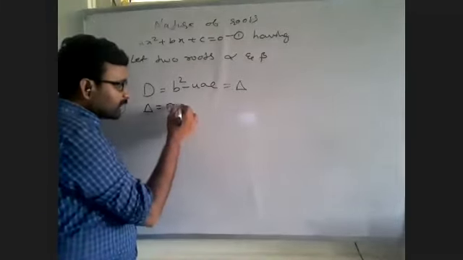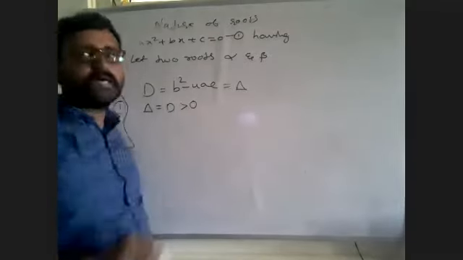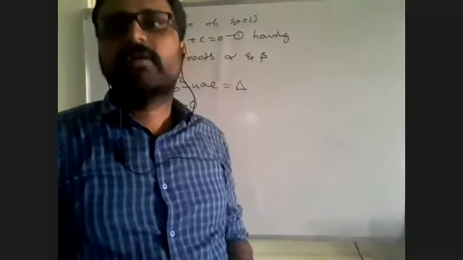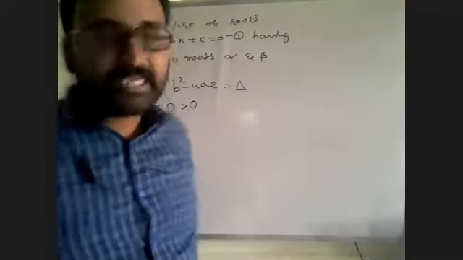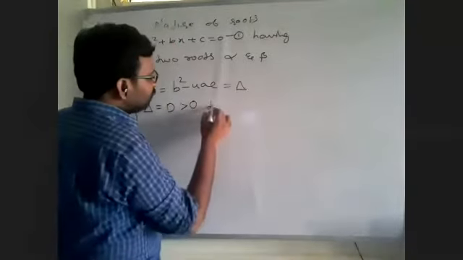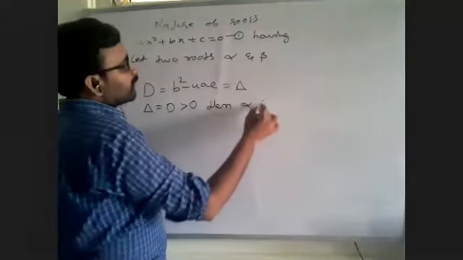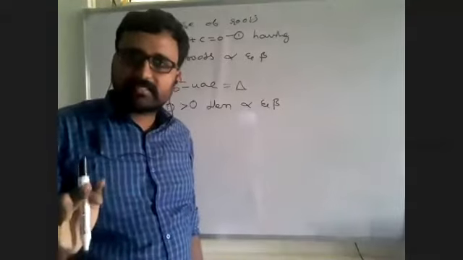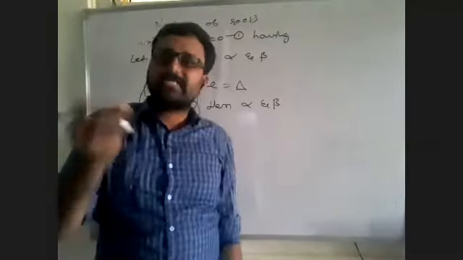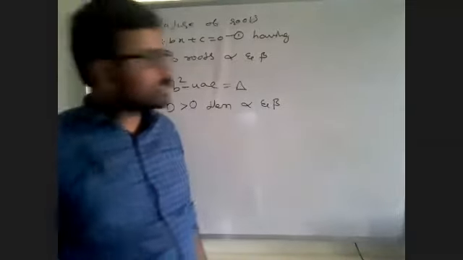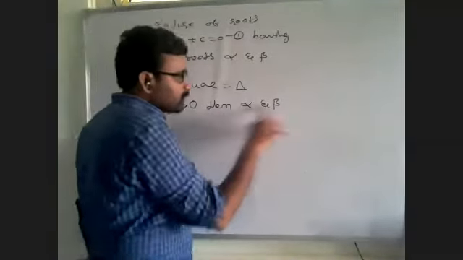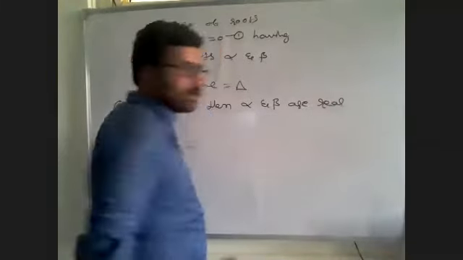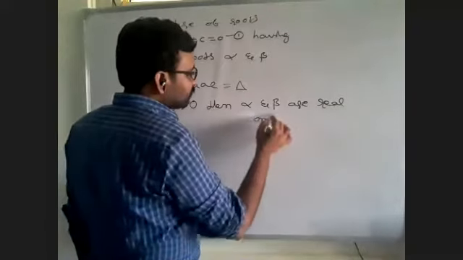If D is greater than 0, meaning positive, 1, 2, 3, 4, 5, whatever it is, then the roots alpha and beta are real and distinct.